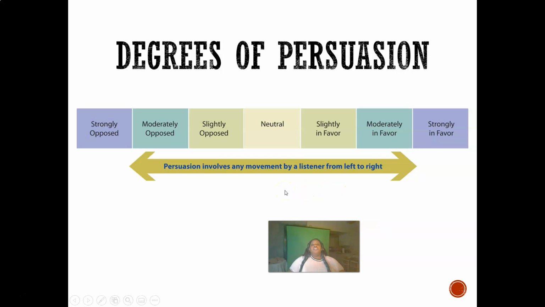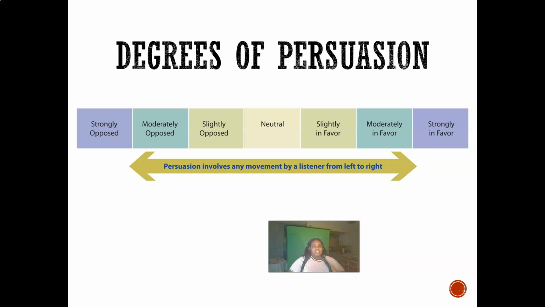And that brings us to the degrees of persuasion. Notice that there are many different positions a person can take. Say, for example, an election, where you have to vote for either a person, an ideal, or a proposition.